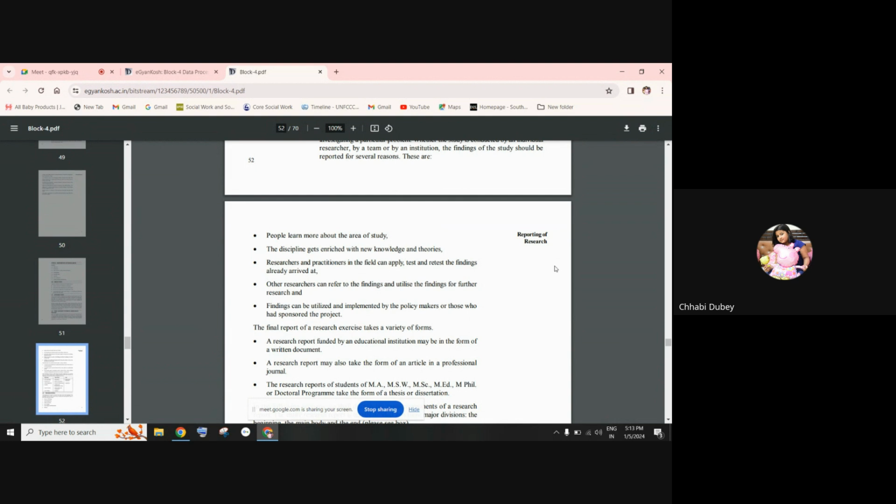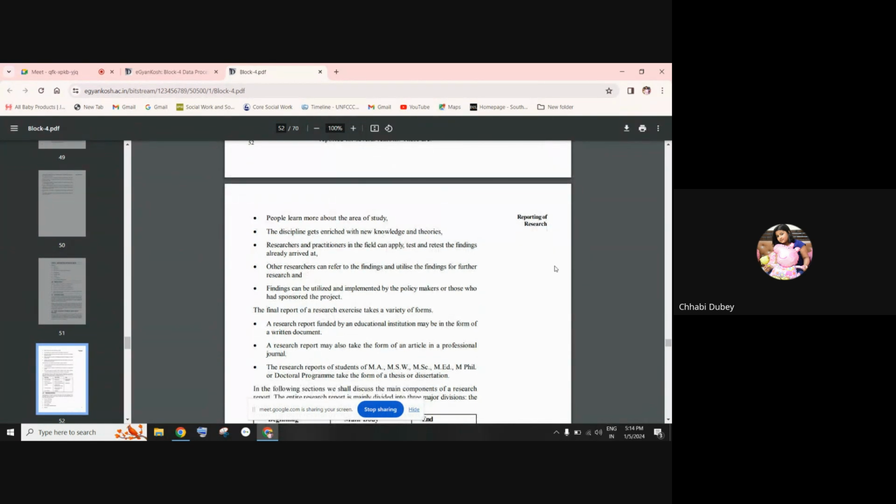Now, the final report of the research takes a variety of forms. For example, a research report which is funded by an educational institution may be in the form of a written document. A report may also take the form of an article in a journal, or a research report of the student for various degrees.